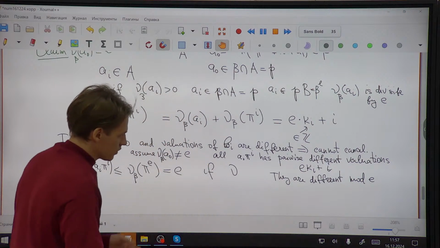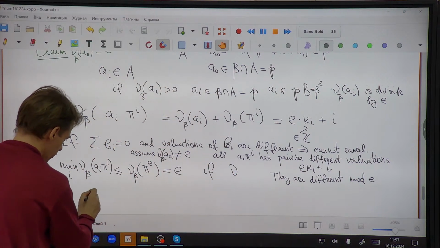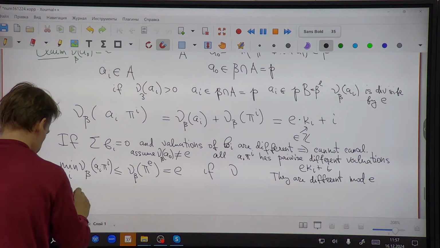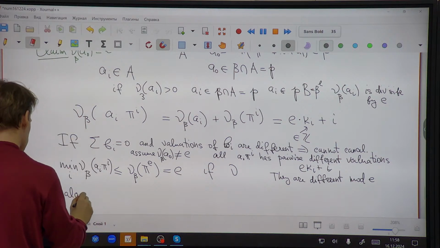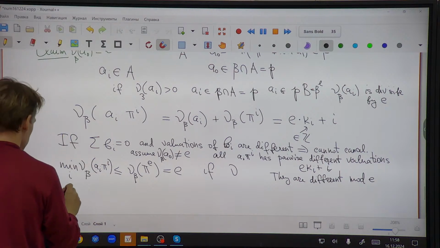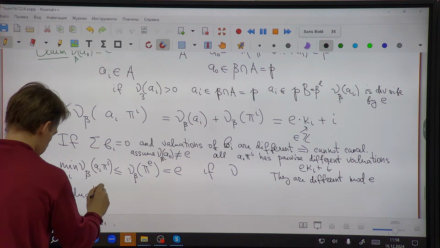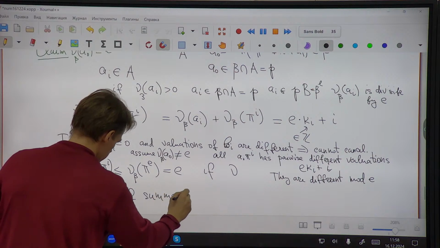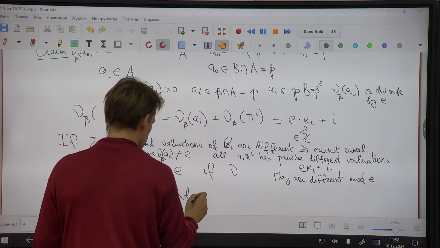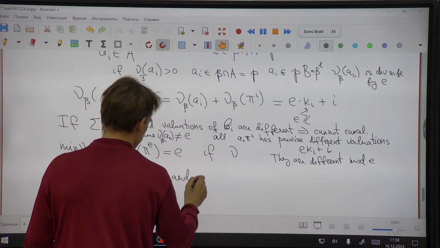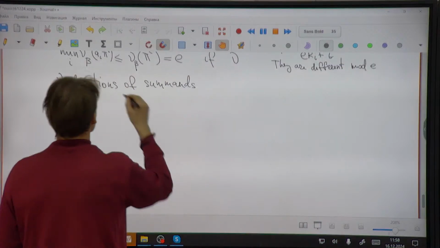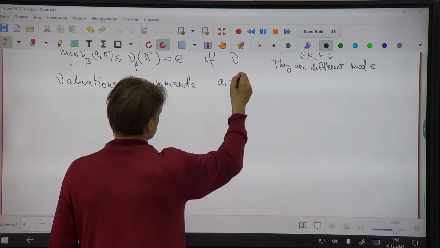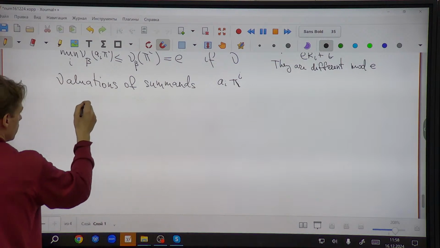Let me write down the valuations of summands a_i pi. The first summand will have valuation e.